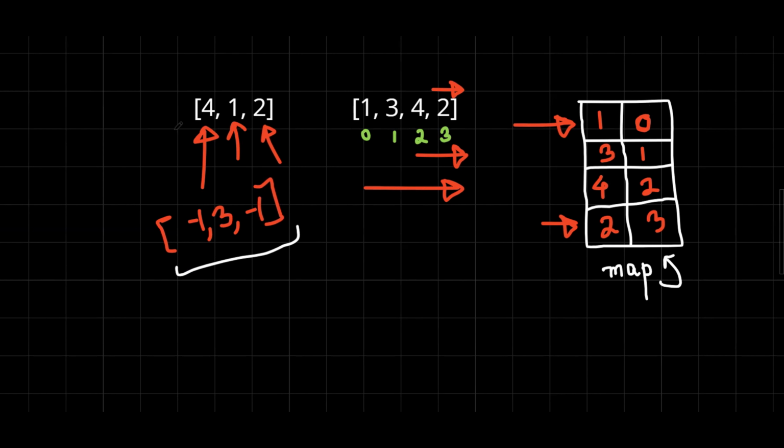Now, for each of the elements in the first array, we have to check the corresponding position of this element in the second array, and we have to run a loop from this respective index to the end of the list. After that, we have to check whether we can find any greater element or not. If we can find a greater element, we have to append it into the resultant array. Otherwise, we have to append -1 into the resultant array.